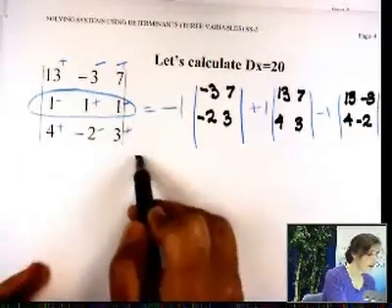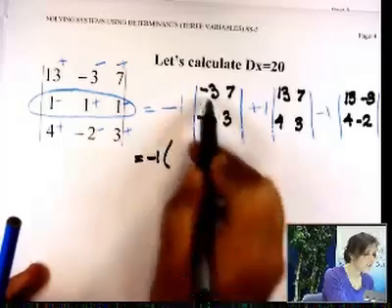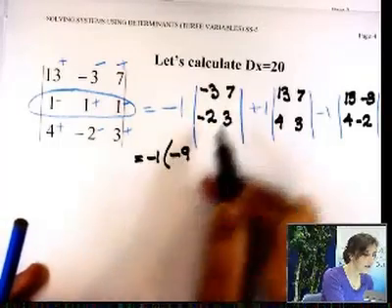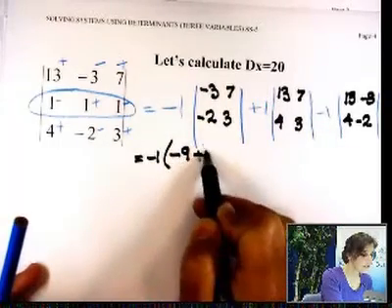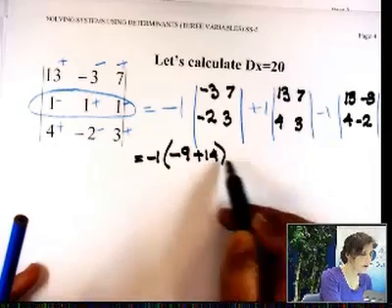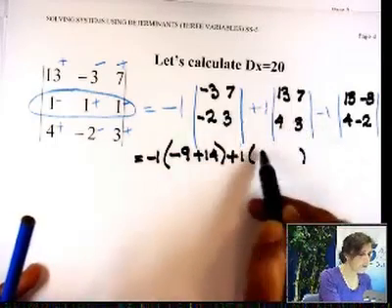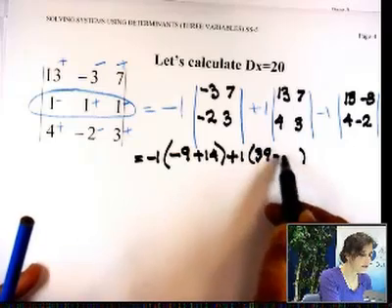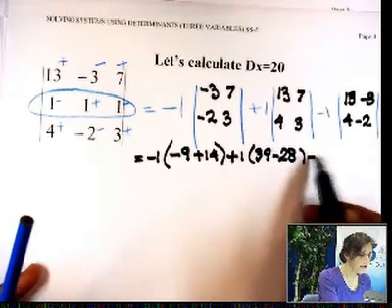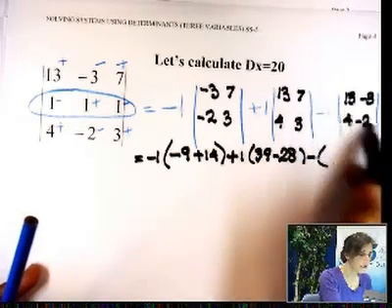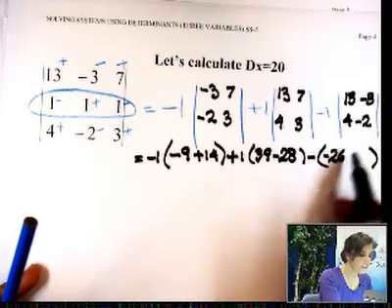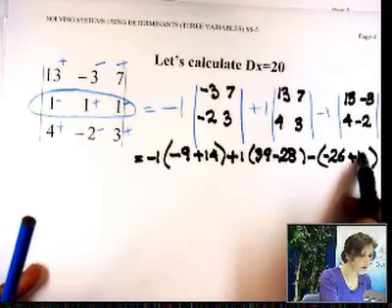All right. Negative 1. So this one is negative 9, negative 14, plus 14, because I have to subtract. Plus 1. 13 times 3, 39, minus 28, minus, that's negative 26. This is minus, plus 12.